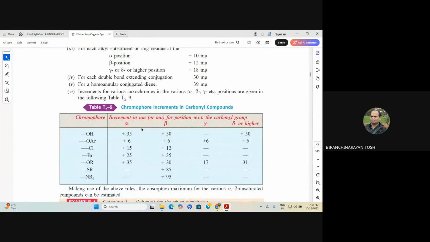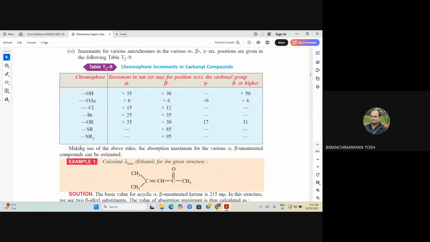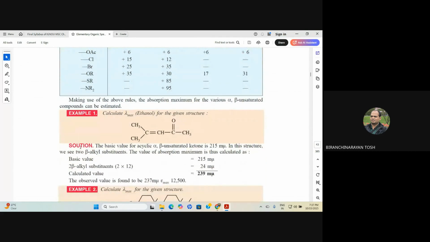So in this table, the chromophore, and what we have to add. So you can see here the basic value is 215. For the double bond CH-COX, the basic value is 15.